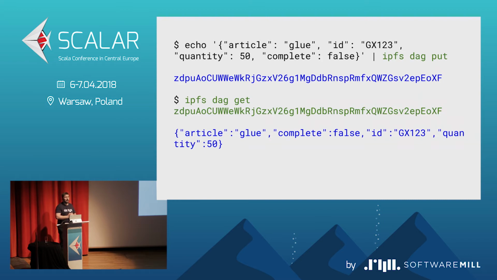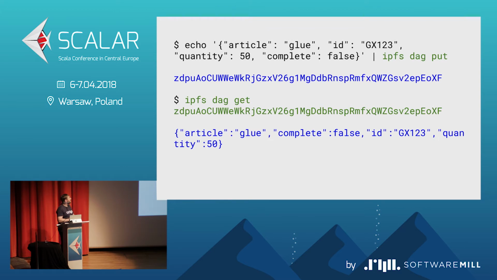And the coolest thing about it is that the hash never changes, because if you put the same contents again, you'll get the same hash back. It's content addressable storage.